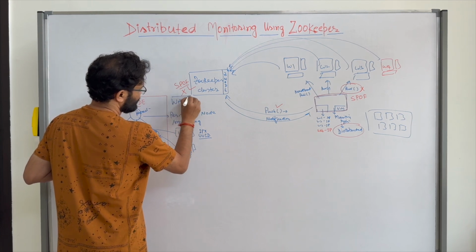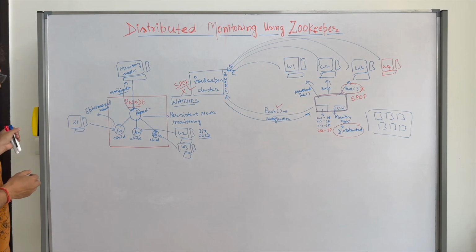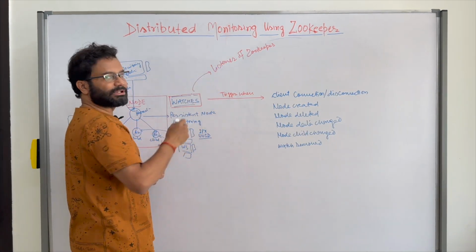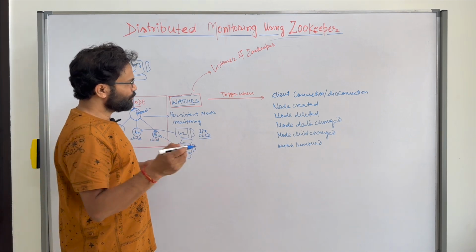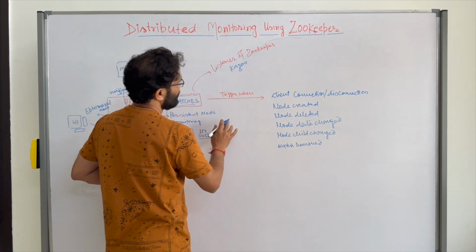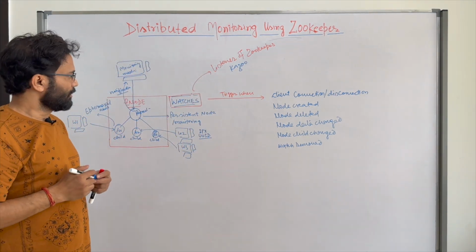So this is one of the important concepts in Zookeeper. The watcher is the listener of Zookeeper, and Zookeeper internally uses the framework Kazoo, by which they have made the watcher.